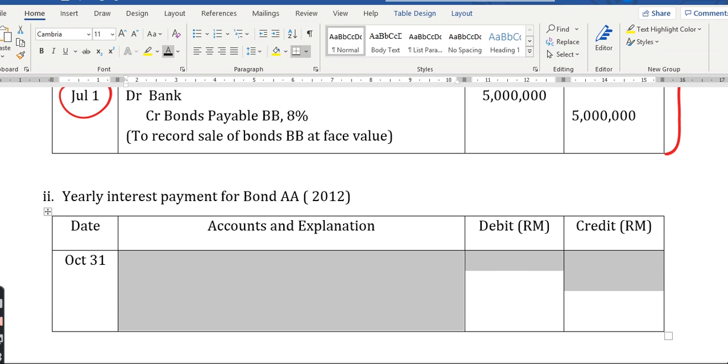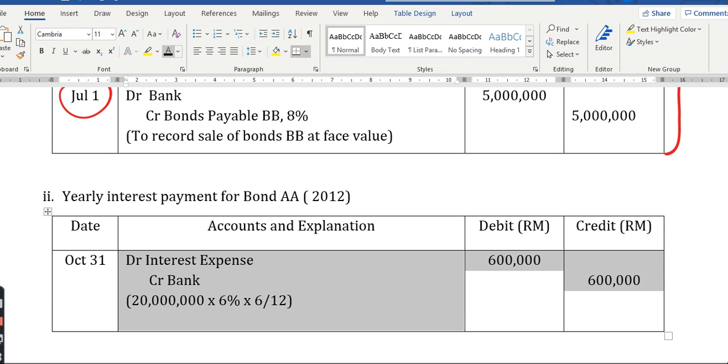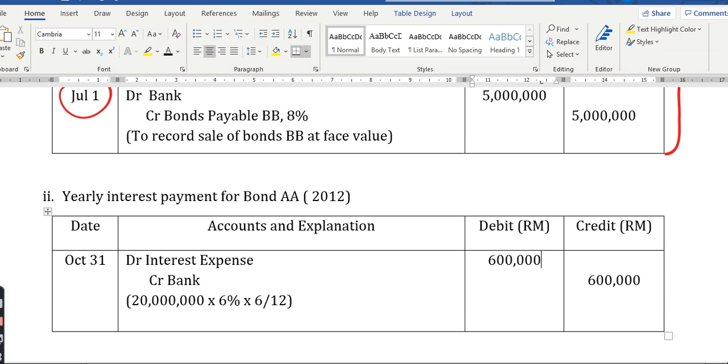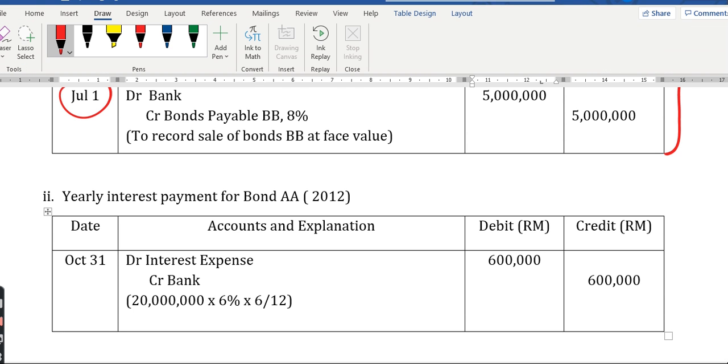So the amount that you need to pay is 6% of the face value, that is 20 million. But since you are paying for the first 6 months, you need to multiply by 6 upon 12. So this is actually to record the first payment of the interest for bond AA.